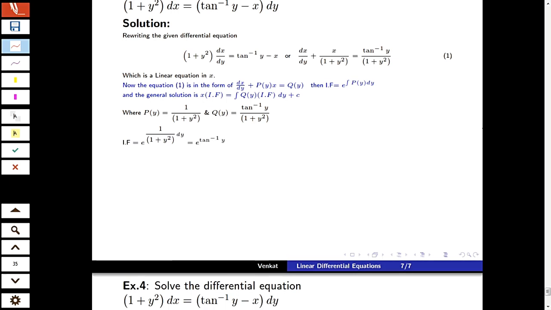And come to the solution part. x into integrating factor, e power tan inverse y, equals integration of q of y into integrating factor. What is q of y? tan inverse y by 1 plus y square.